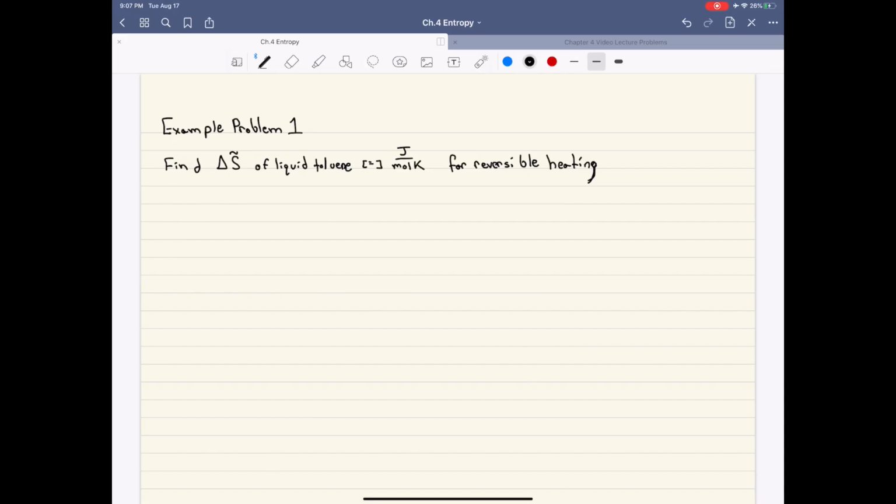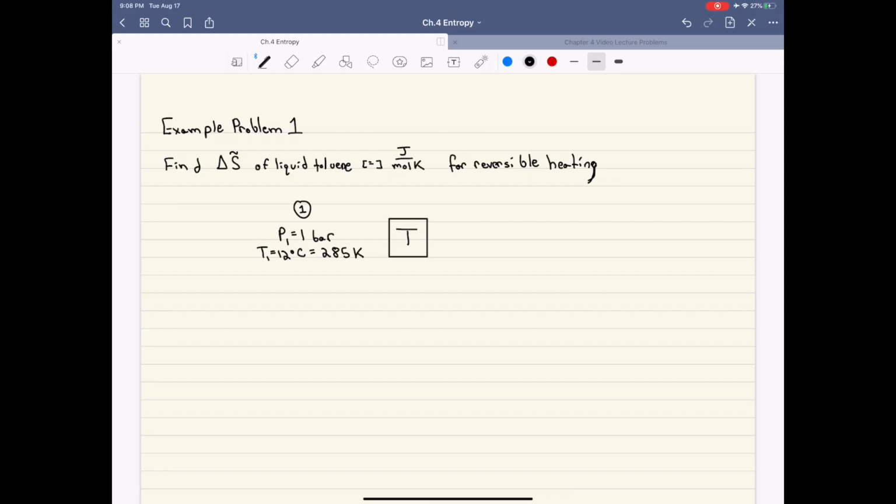In any case, to sketch out our system, we could just draw our system box of toluene. We'll abbreviate toluene as T. In state 1, our toluene is going to have a pressure of 1 bar and a temperature of 12 degrees Celsius, but we should convert that into absolute units.